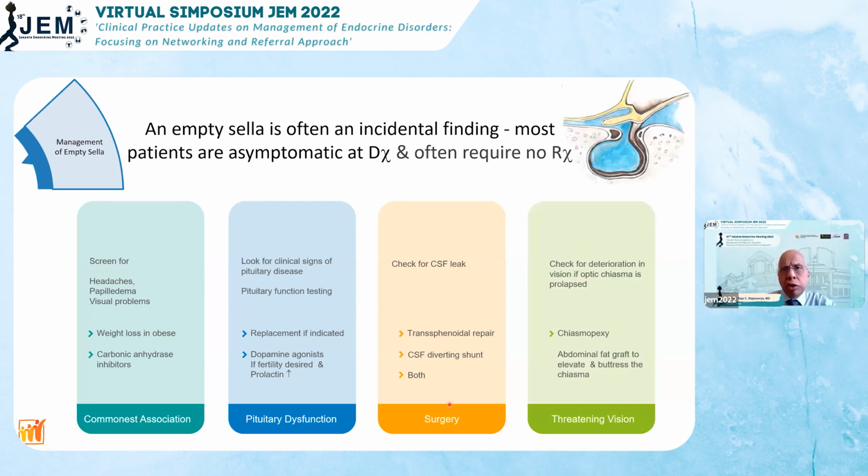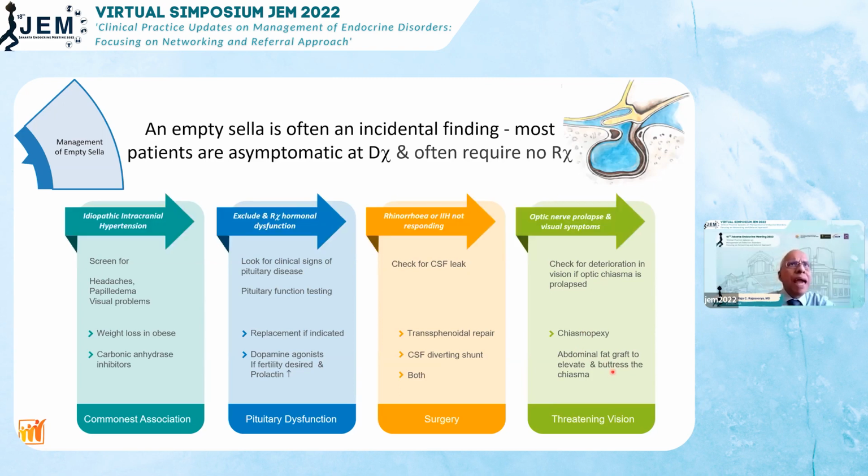But for those particularly with secondary empty sella, I think it's important we tell them and their relatives that if there's a deterioration in vision, then they may need optic chiasma surgery, chiasmopexy as they call it, where they put a flap or fat graft to elevate so that the chiasma doesn't get herniated. So those would be the main principles of treatment.